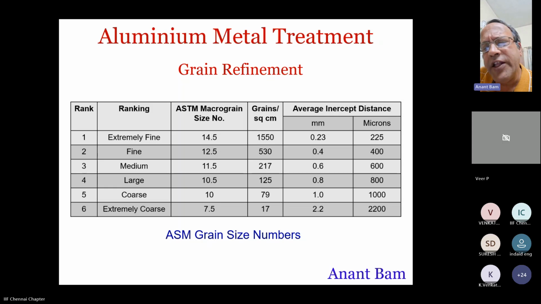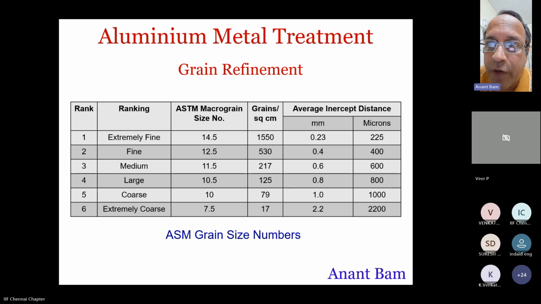If I perform grain refinement, then the number of grains will increase from 1000 to 1200. So now to break that test bar, I will require 1200 units of slip energy.